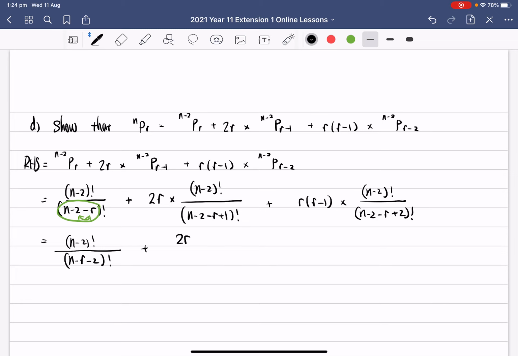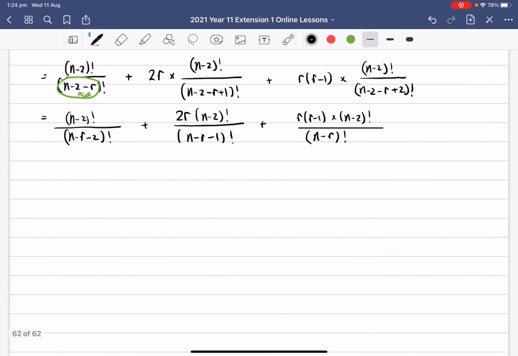Plus 2r(n minus 2), all right, and then we'll do the calculation for the denominator, so it's (n minus r minus 1) factorial. So we're going to do something about factorial unrolling as well, okay? This is something that you learned from the first lesson. So that's n minus r, and negative 2 and plus 2 cancel out. Okay, so that's what we get.